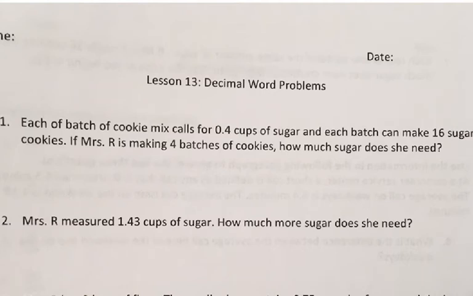Number 1 says each batch of cookie mix calls for 0.4 cups of sugar, and each batch can make 16 sugar cookies. If Mrs. R is making 4 batches of cookies, how much sugar does she need?